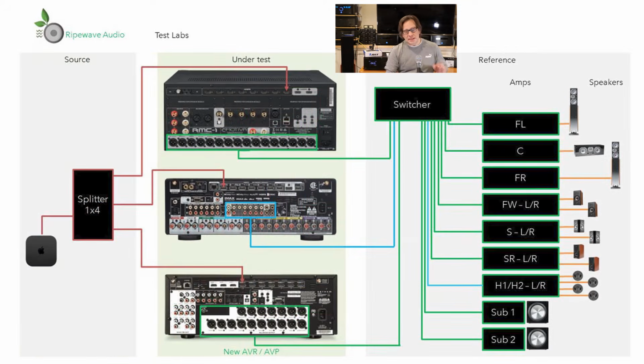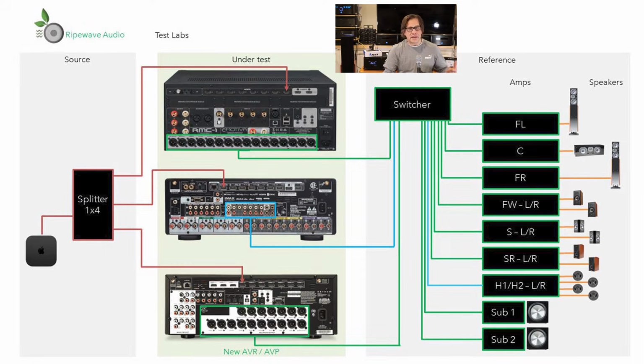So it's okay, let's introduce ideally a splitter. And I want to send that signal to 3 or more of these receivers or processors simultaneously. And you typically don't find the count of 3, so I think a 1x4 is the most common you see out there. So we could take our Apple TV and go to a 1x4 splitter using 3 of those outputs for test subject 1, test subject 2, and 3.